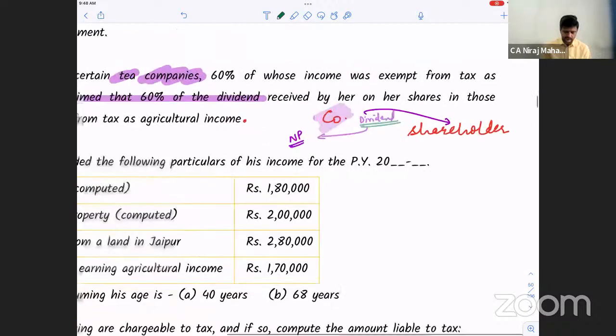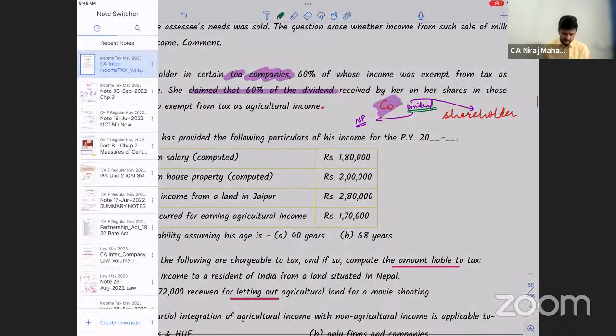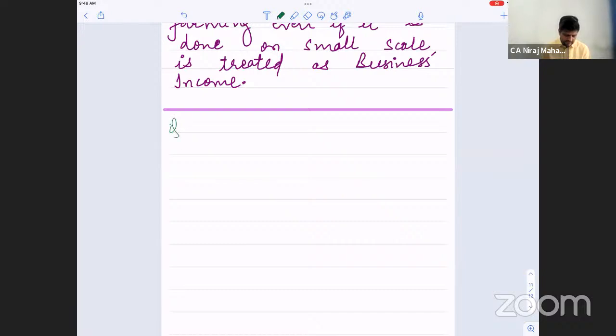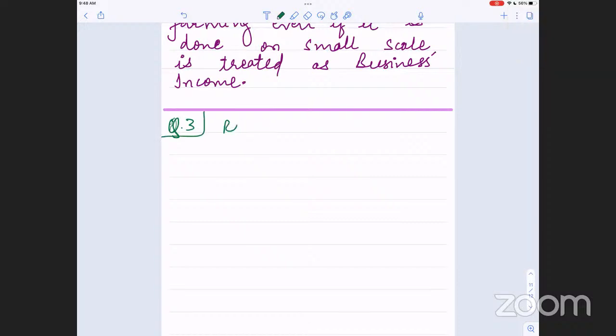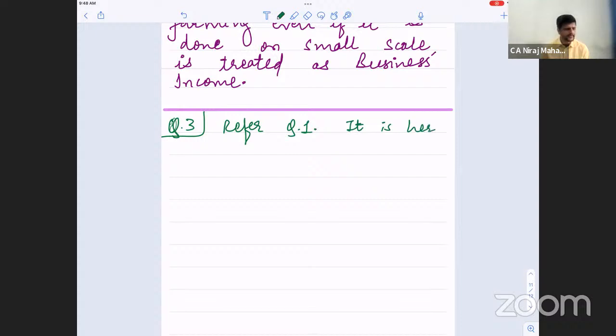So I'm writing a very short answer. Question number 3, it is. I'm not writing an infinite answer because the answer is exactly matching Question 1. Her dividend income is taxable under income from other sources.